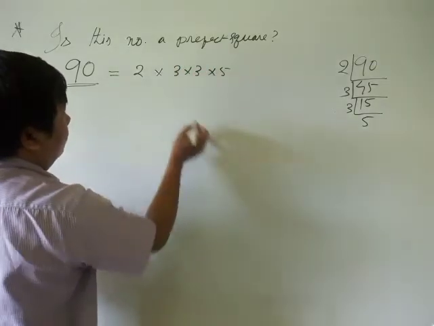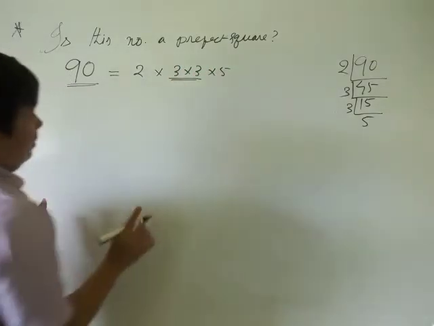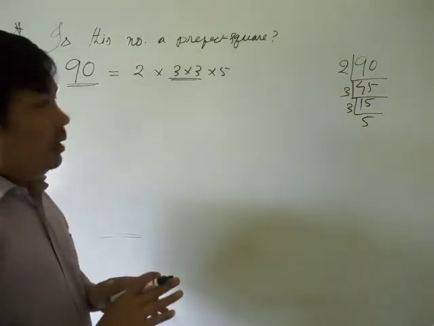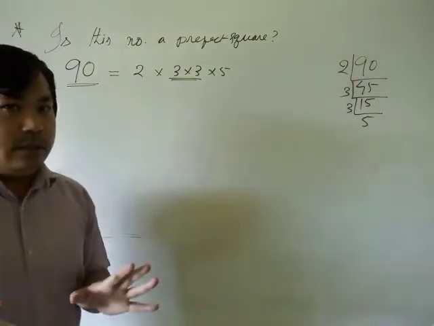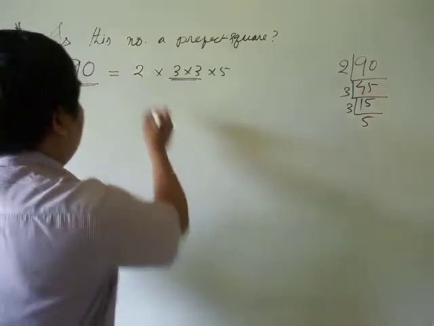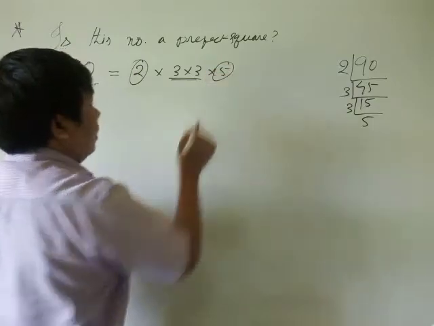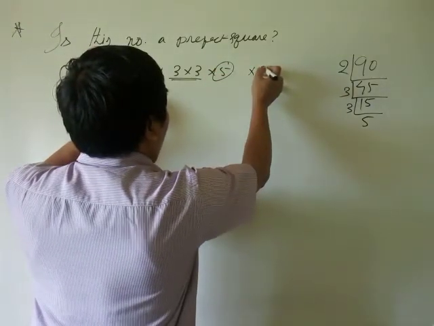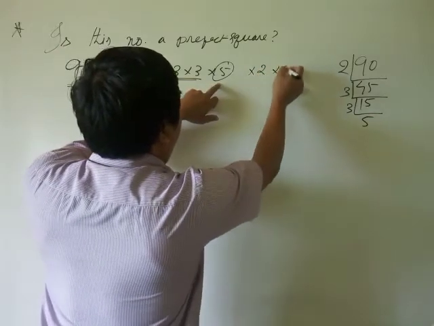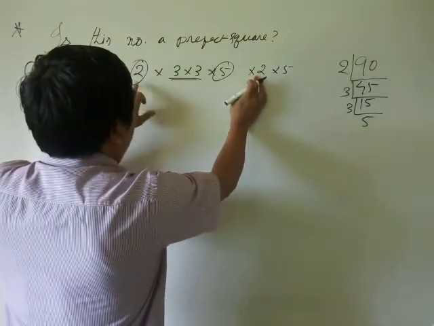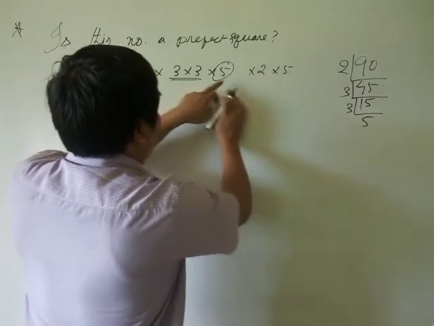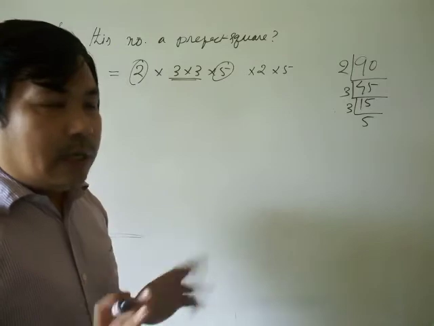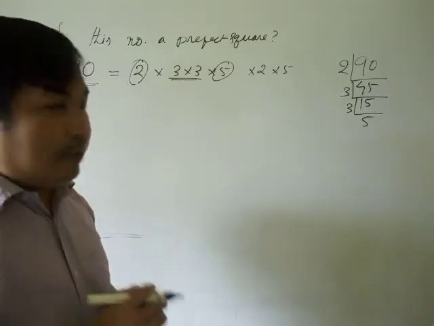Now my dear students, you see here, these two 3s can be paired. In the case of the prime number 3, we get the pair. But these two, 2 and 5, are pairless. If we got one more 2 and one more 5, then these 2s can be a pair and these 5s can be a pair, and then it will become a perfect square.